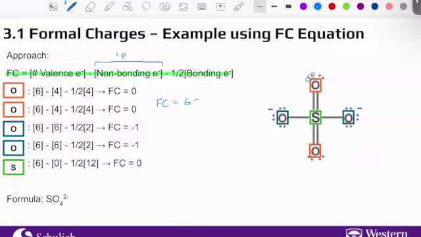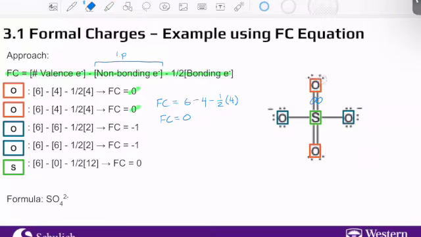So we have 4 lone pairs minus 1/2 our bonding electrons, where each bond makes up 2 electrons. If we have 2 bonds, that means 4 electrons total, meaning the formal charge associated with our oxygens is 0. That takes into account this one and this one.